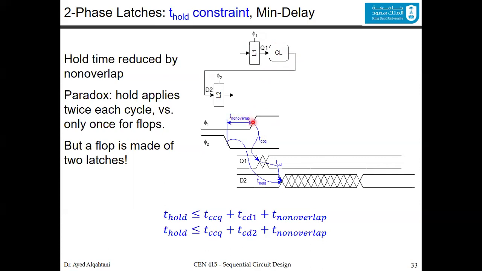So the non-overlap, the contamination clock to Q, and the contamination delay through the combinational logic are all part of the passing time, and the holding time must be less than those 3 times.